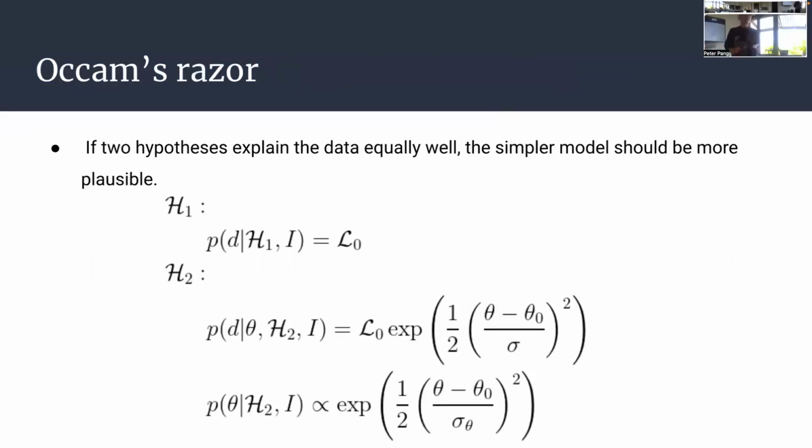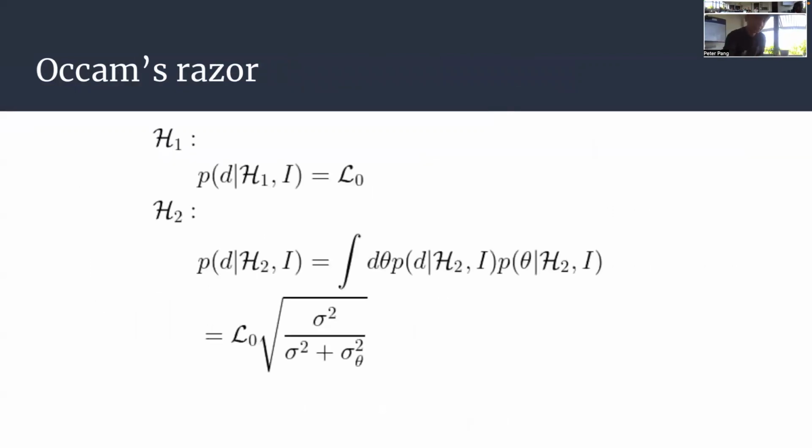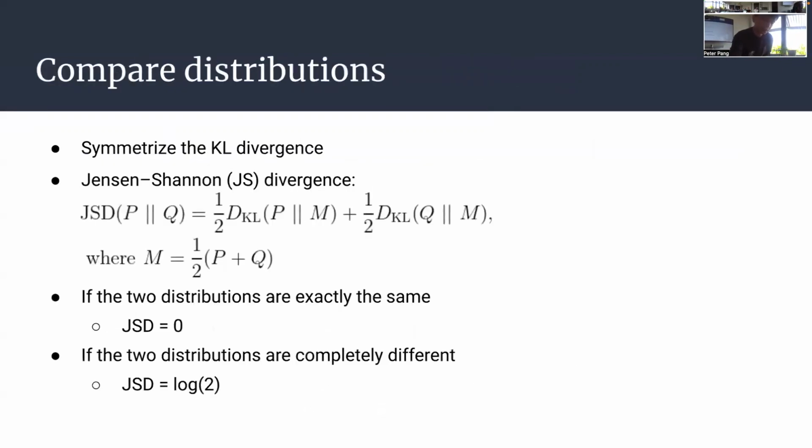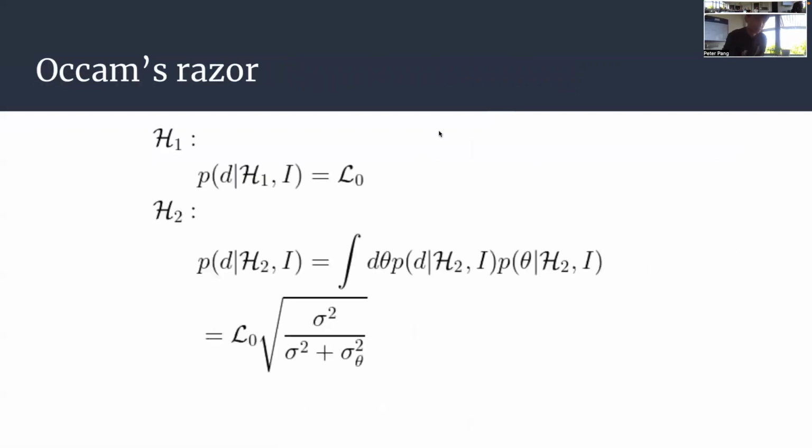So this one, I'll answer in two ways. First, let me see which slide has this integral. I will just use this integral. This integral, which calculates the evidence, holds for any hypothesis. You can always calculate this Bayesian evidence, and it encodes everything.